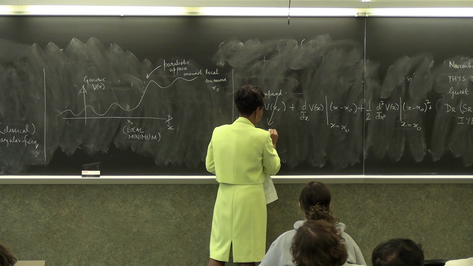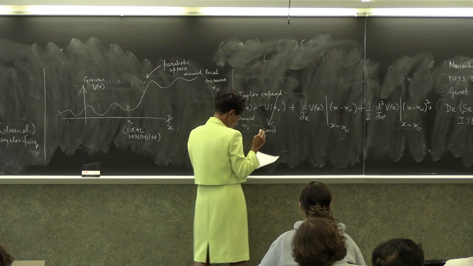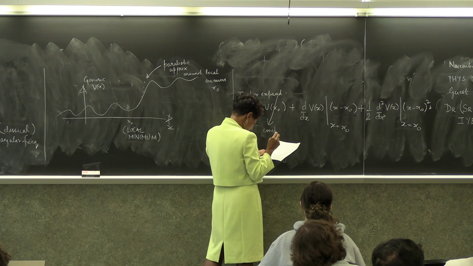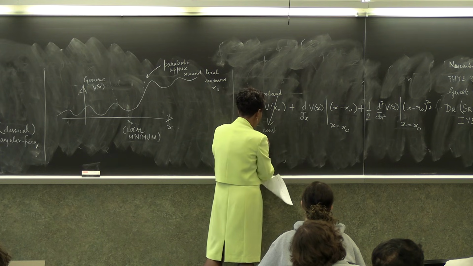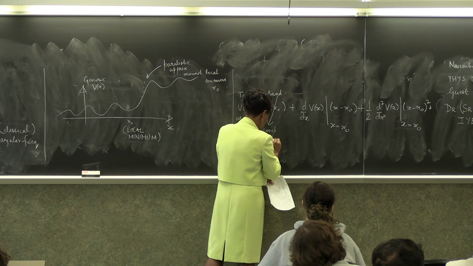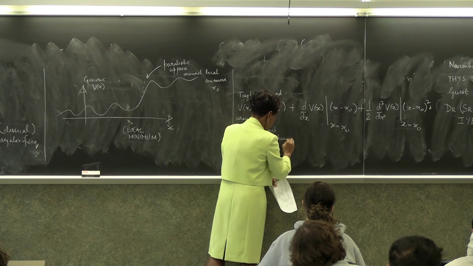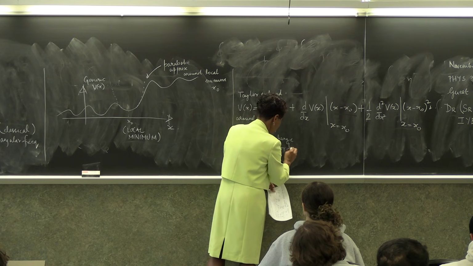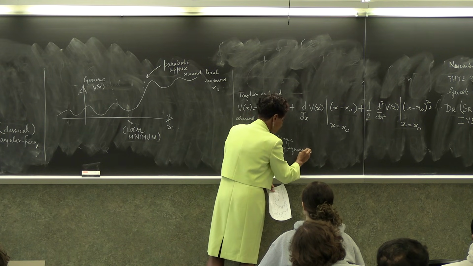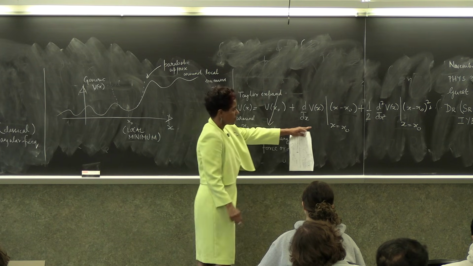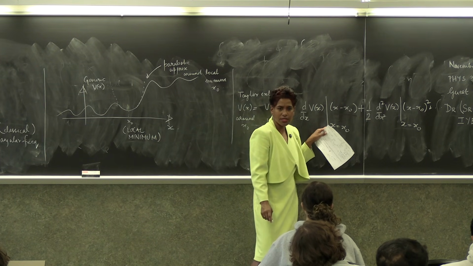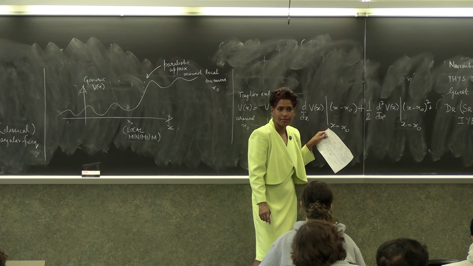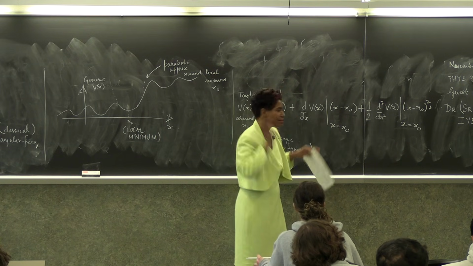This term is constant. As you know, it doesn't do anything interesting because it doesn't change the force. X0 is a local minimum, so what's this term? 0. Louder? 0. 0.